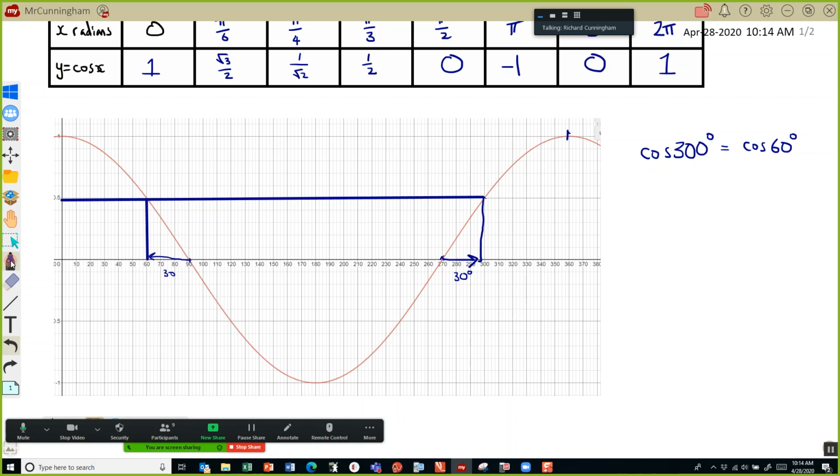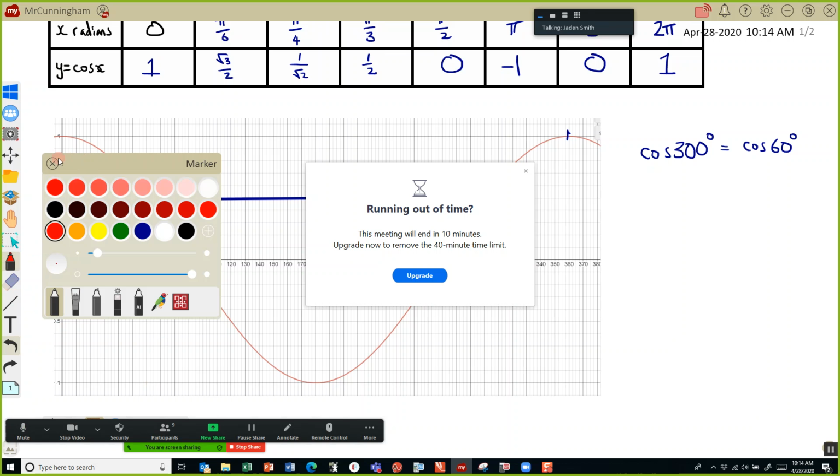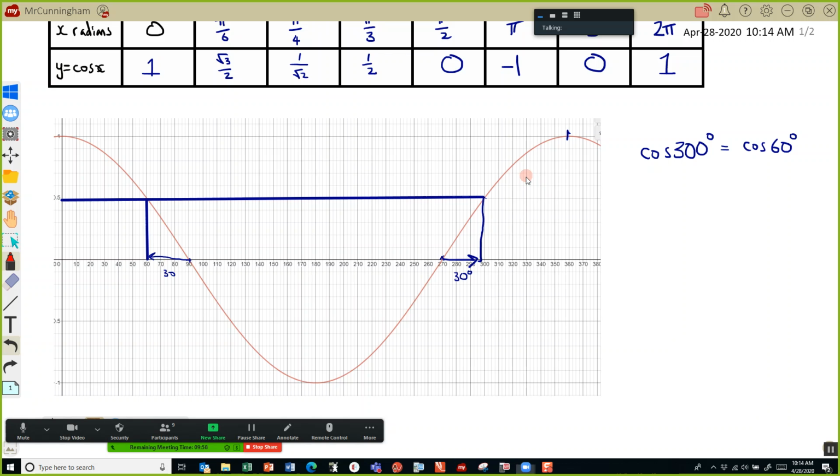Or you could think of it, if I'm going from 360 back to 300, how many degrees is that? Yep, and that's the same as going 60 from 0. Okay, it's going to give me the same answer.